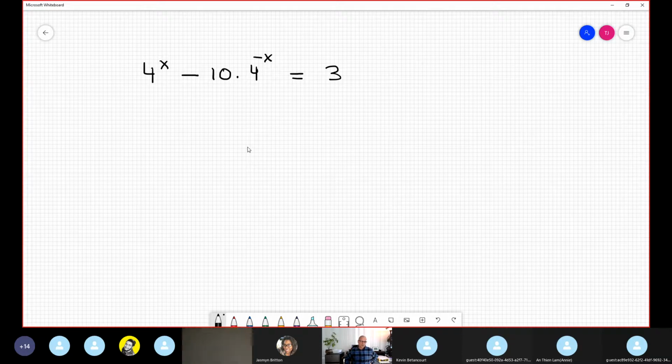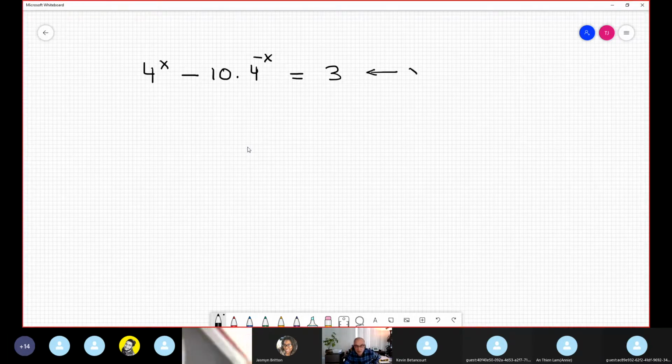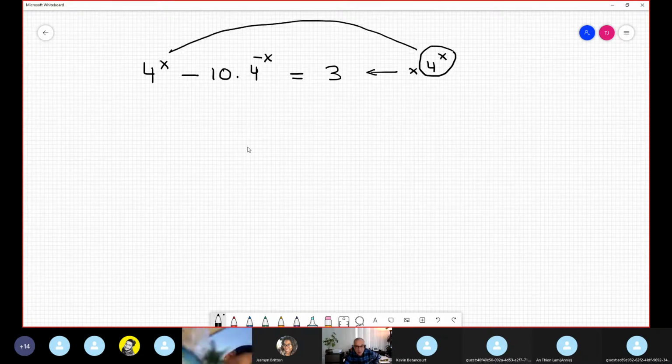But don't worry, look. The first thing you should do is eliminate the negative exponent. How can you eliminate it? You multiply the entire equation by 4 to the positive x, because I know that when you multiply this term by it, the negative exponent is eliminated.